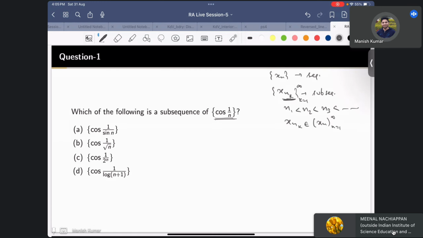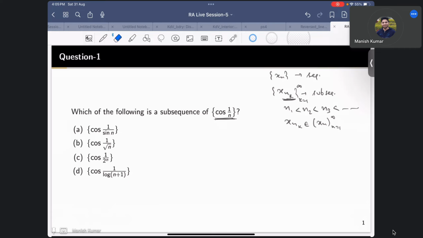So in this particular problem you have to tell which of the following is a subsequence of cos 1 by n. To begin with, let's start with the first one. To tell which of the following is a subsequence, you see cos is common in everyone.